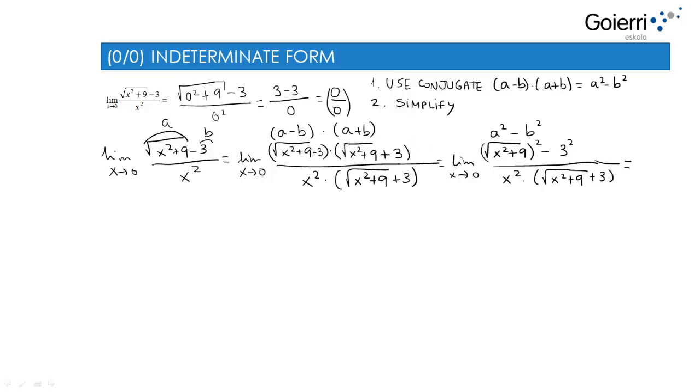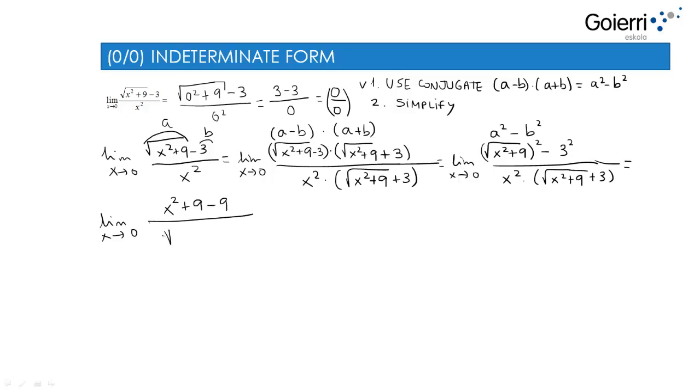Okay, so we have already used the conjugate. Now it's time to simplify. In the top I have x squared plus 9 minus 9.